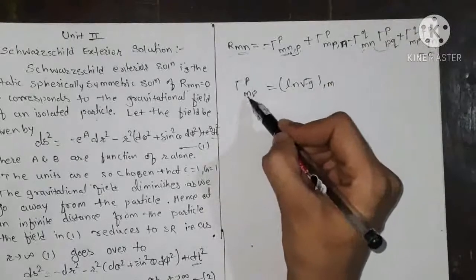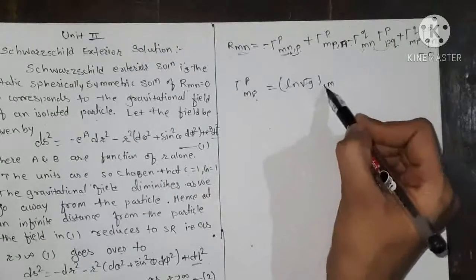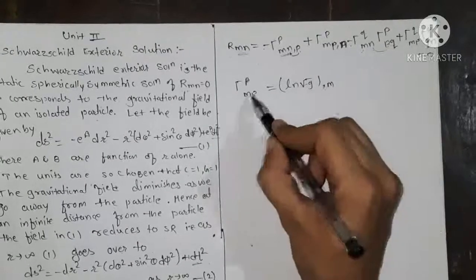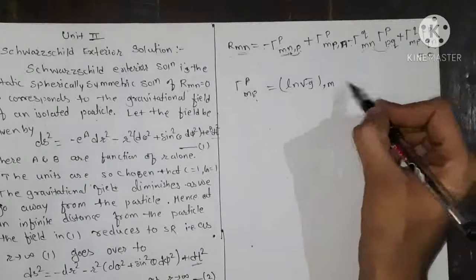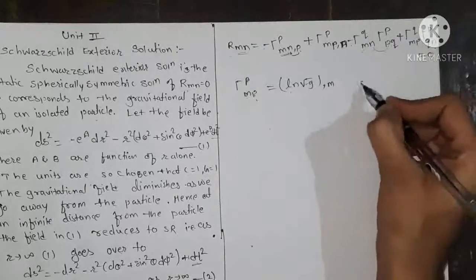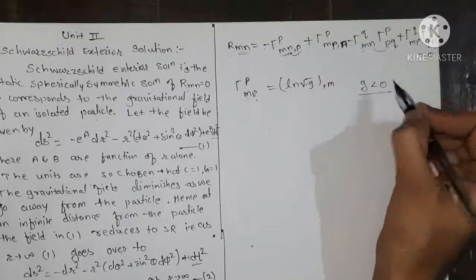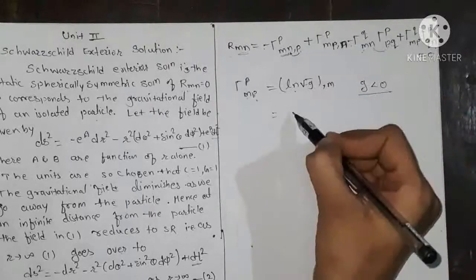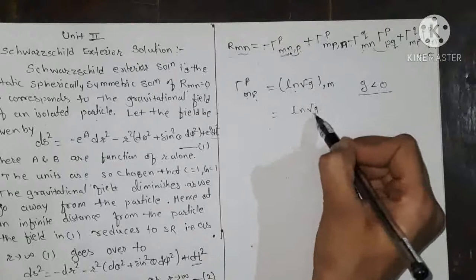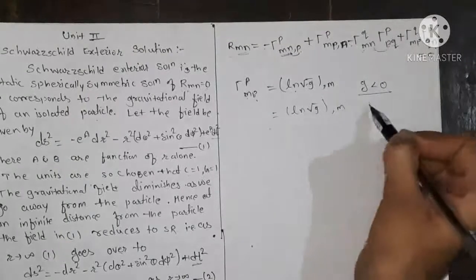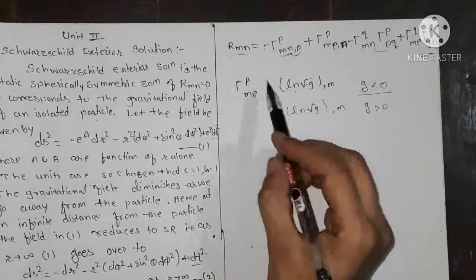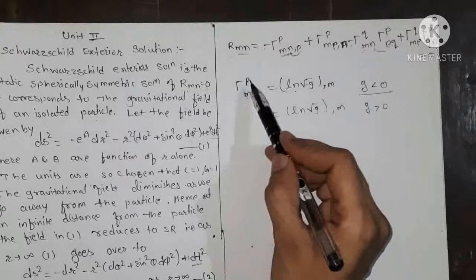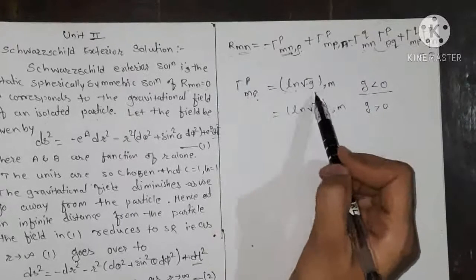When this is repeated, the non-repeated suffix goes in the derivative, so this equals log of root of minus g comma m, and this is root of minus g when g is negative. When g is positive, it equals log of root g comma m. You have seen this in the MSc first year, that the Christoffel symbol of this type equals this.